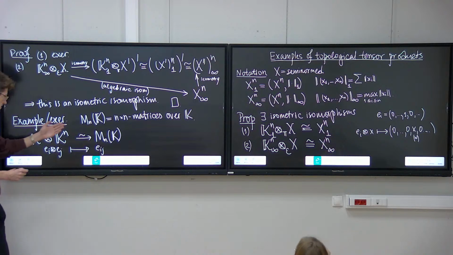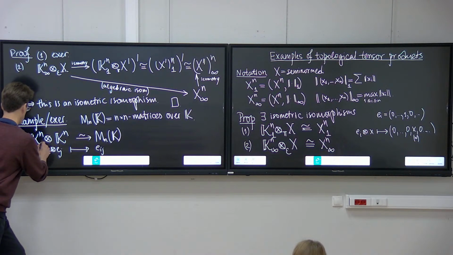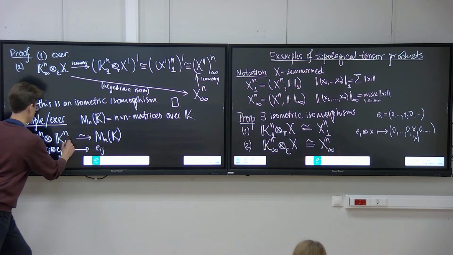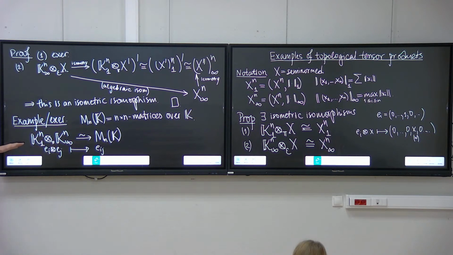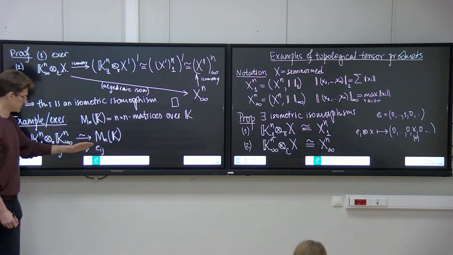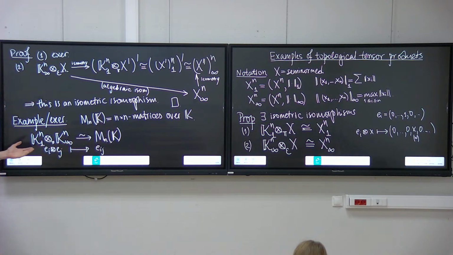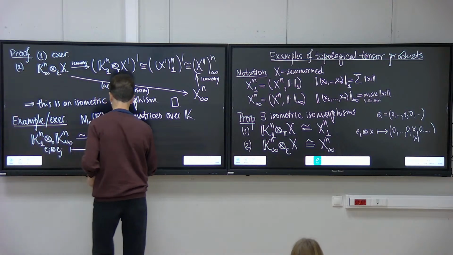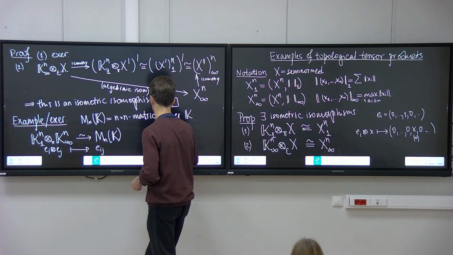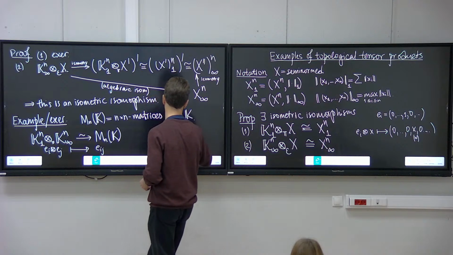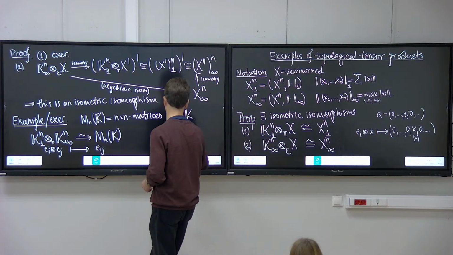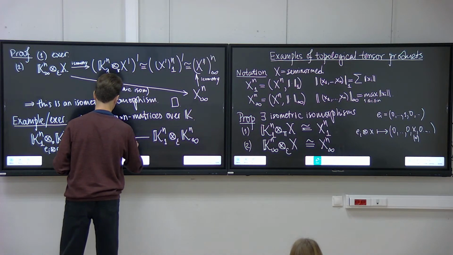Now we equip the space with a seminorm, actually with a norm. We put K^n_1 here, K^n_infinity here, and the projective tensor product here. So this is a normed space. We can use this isomorphism to make M_n(K) into a normed space. On the other hand, we can consider the injective tensor product of the same spaces, K^n_1 and K^n_infinity.